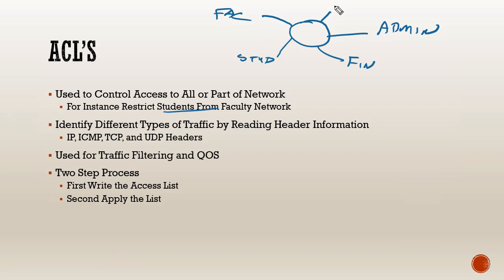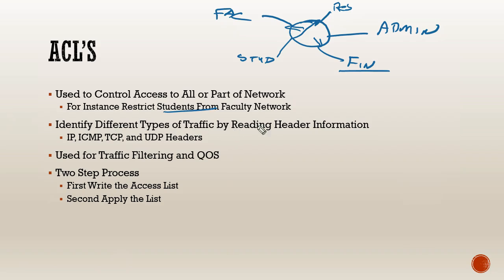And then over here we would have probably our resource network. What we would do is allow the students to get to the resources, but we wouldn't allow them to get to let's say the faculty network, and we probably wouldn't allow the faculty and the students to get to the finance network. Maybe not even admin. We may isolate it so we can restrict access to different networks with the access control list.